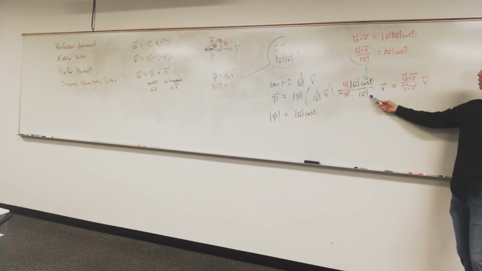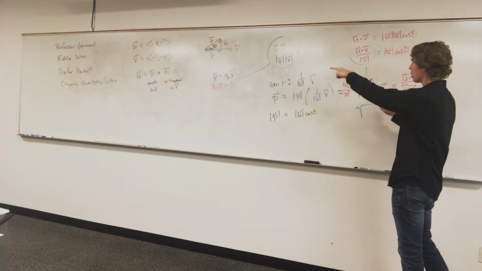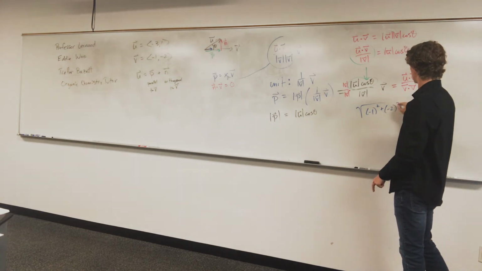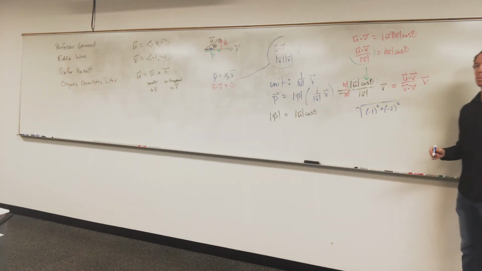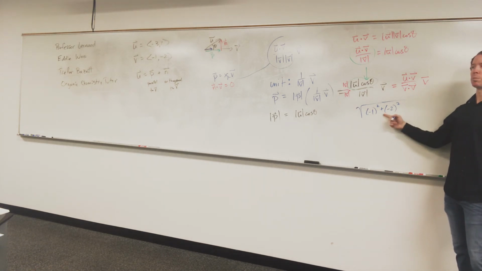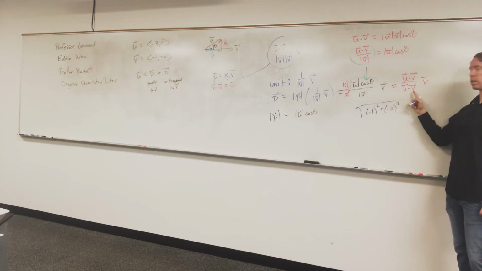Because remember, the length of v is the square root of v1 squared plus v2 squared. And v dot v is -1 squared plus -2 squared. So when you do length v times length v, the square root goes away, it's just v dot v.